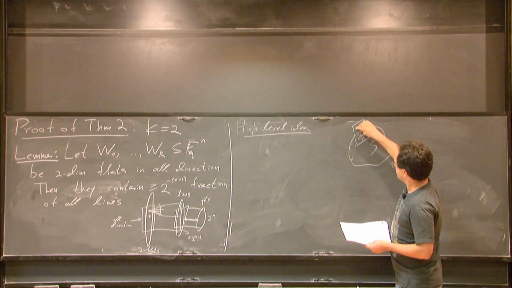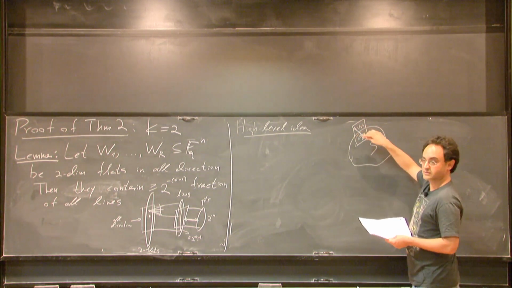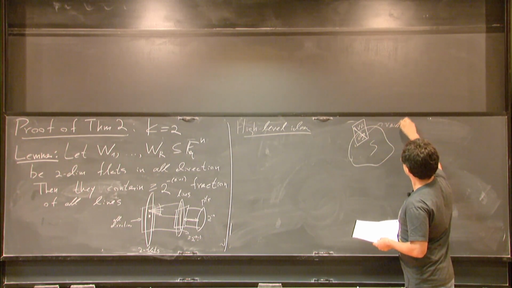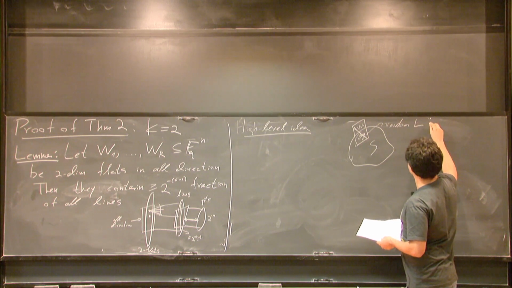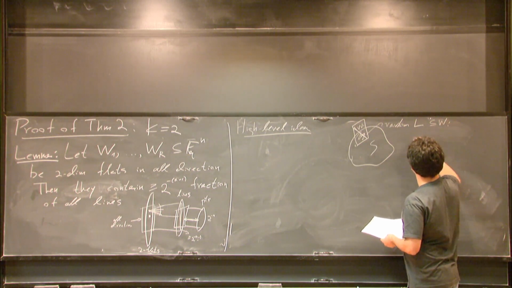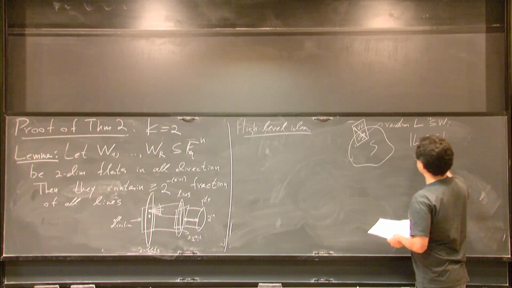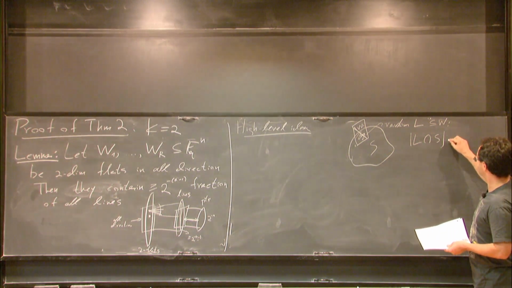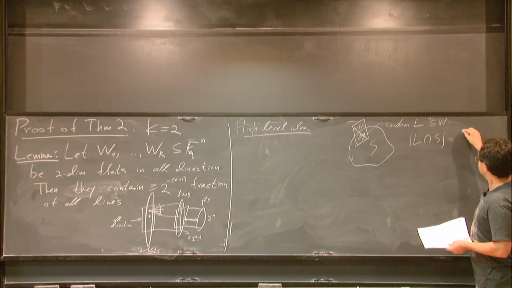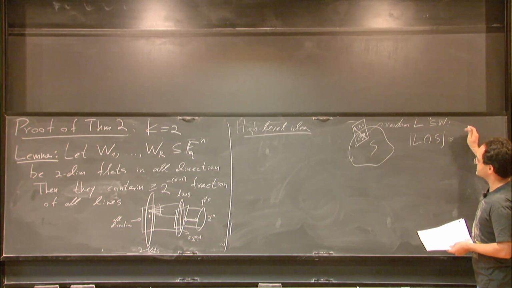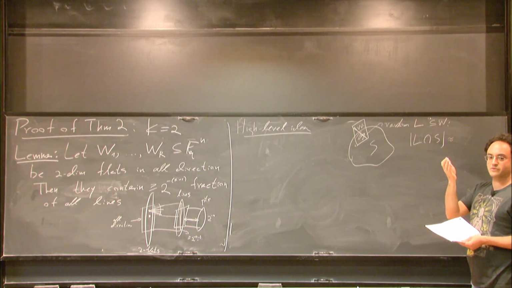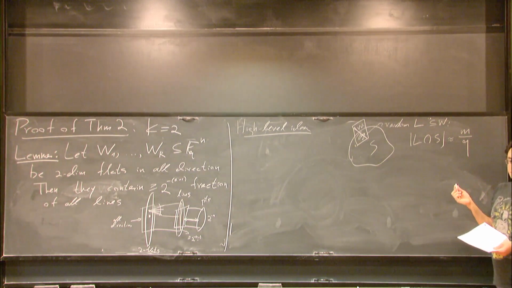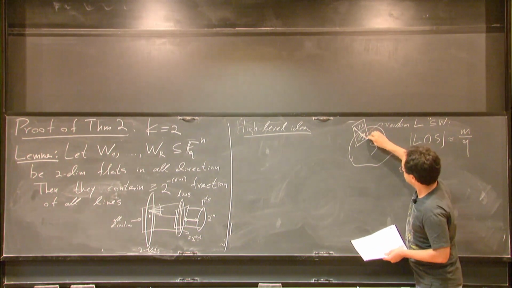So if I take a random line in WI, it will intersect my set S. So what's the expected intersection? I'm sampling with density kind of 1 over q. So I expect to see something like m over q points here.